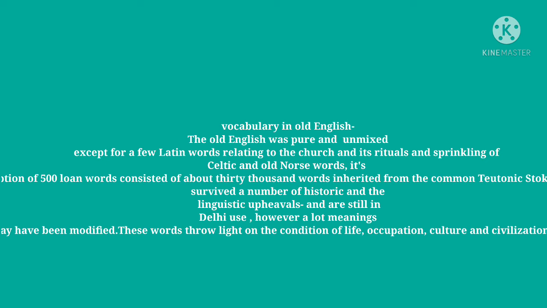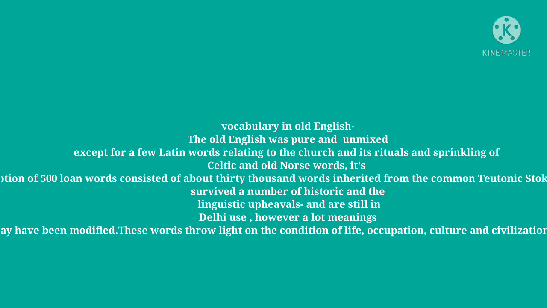They somehow managed to survive and are still in daily use. However, a lot of their meaning, function, and forms have been modified. These words throw light on the condition of life, occupation, culture, and civilization of the English race at this stage.